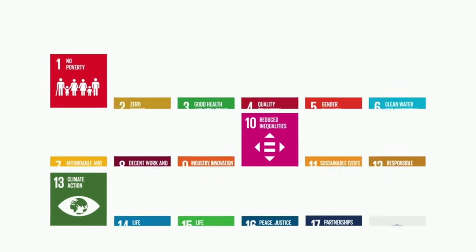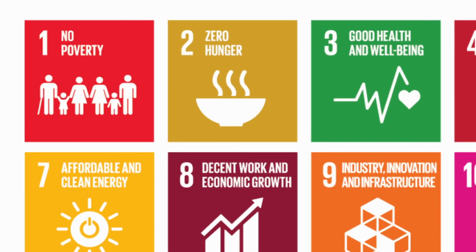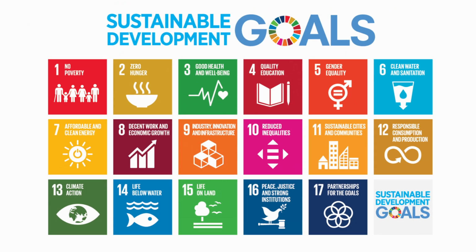There were several summits, conferences, and agreements which laid the foundations of what we know today as the 17 Sustainable Development Goals, and which really represent an ambitious and comprehensive blueprint for making the world a better and more sustainable place by 2030.